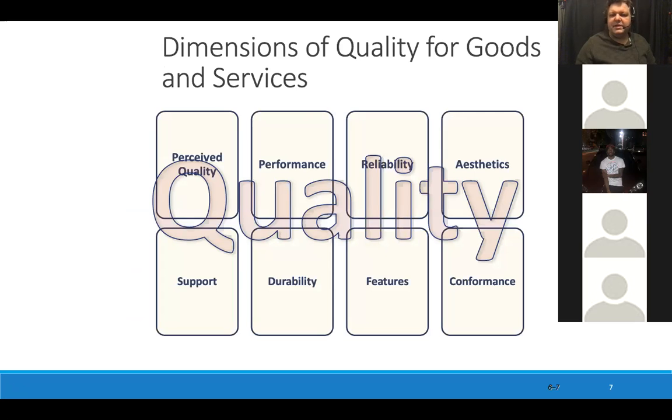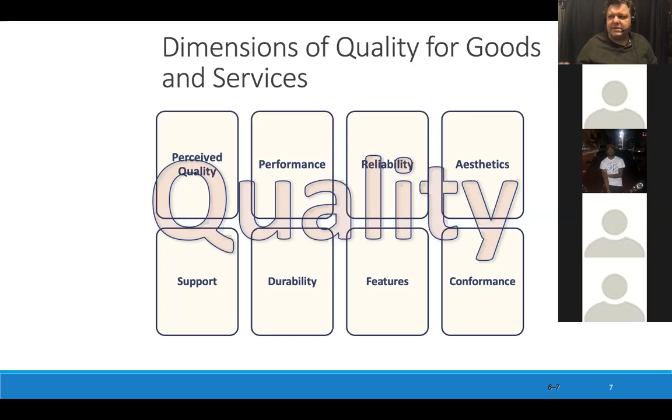So when you're looking at a service quality, it's hard to measure. Even in physical goods, sometimes people can't see the quality in a physical product. And if people have a perceived quality on something at a higher price because the value was much better, the quality is much better, that is a quality dimension that we want to maintain, albeit an intangible one. Performance: how well does the product perform?